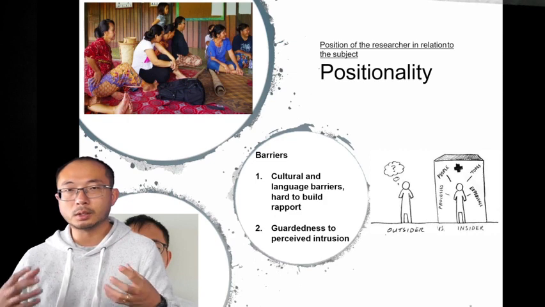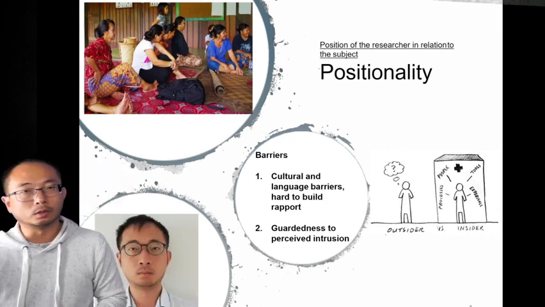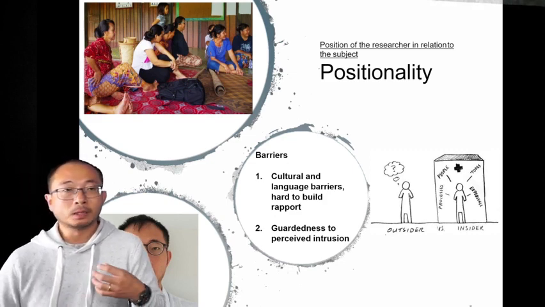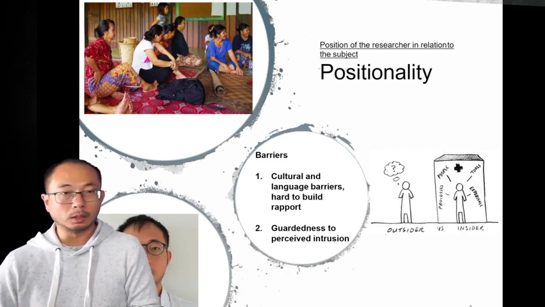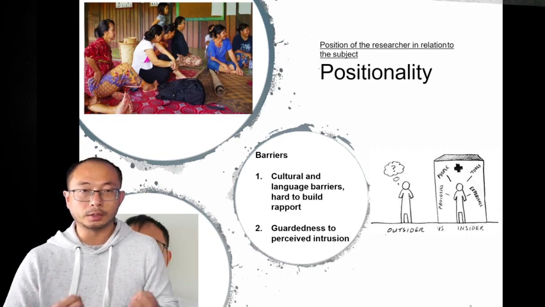So they tend to reply with things that they think you want to know, or they are trying to figure out what you want to get out of them. Researchers often go in being perceived as, and often really are, there to take.